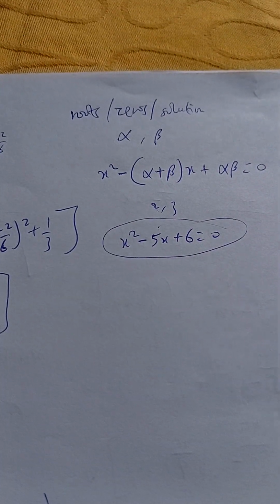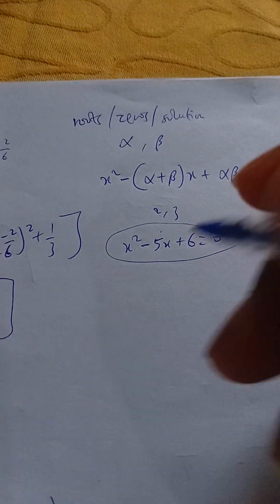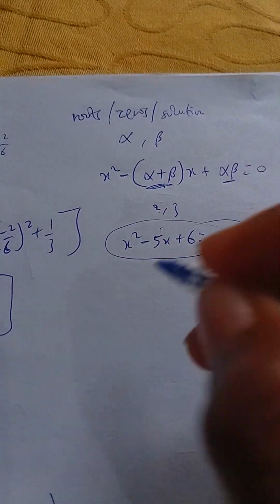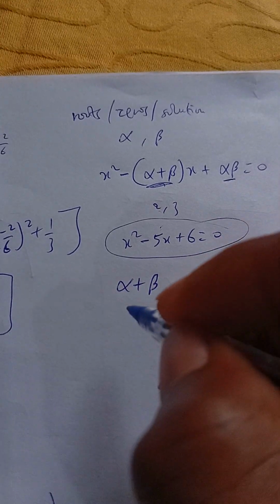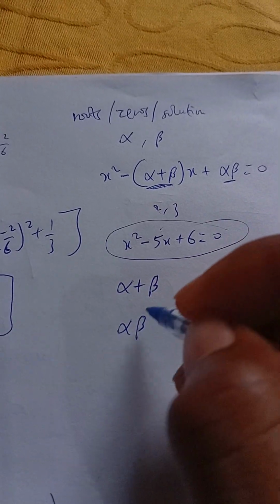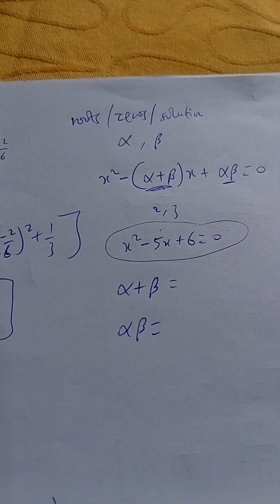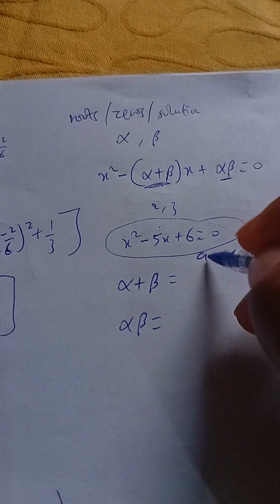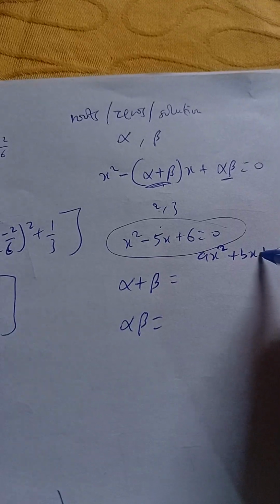However, you have to know some symmetric functions. For example, the sum of roots alpha plus beta, and the product of roots alpha beta. You can define this in terms of what? The a, b, and c. A quadratic function is given by ax squared plus bx plus c.